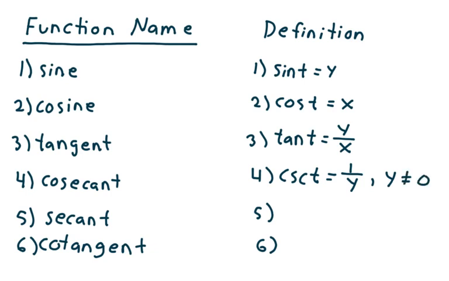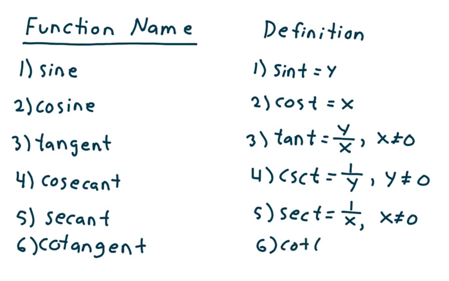Secant t is 1 over x, and that's again where x is not equal to 0. And by the way, when I call tangent of t y over x, I also have to assume x can't be 0. And then for cotangent, I'm going to write cotangent of t is equal to x over y, where y doesn't equal 0.